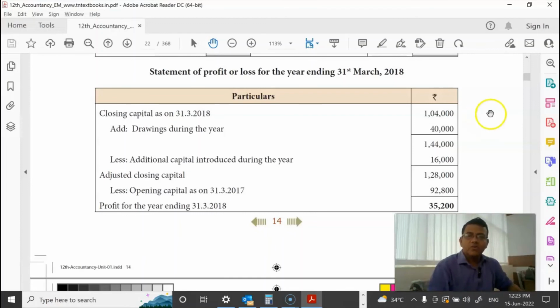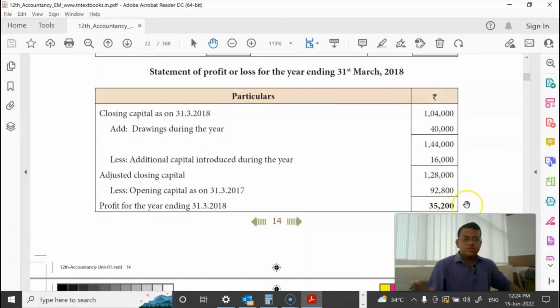So over here, the closing capital is 1,04,000. We will add drawings of 40,000 and then we'll subtract additional capital introduced during the year 16,000. So we arrive at 1,28,000. We have already found out the opening capital is 92,800. So the difference of these two will be nothing but the profit made during the year, which comes to 35,200.